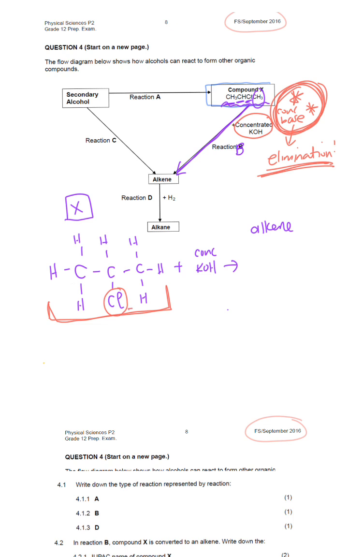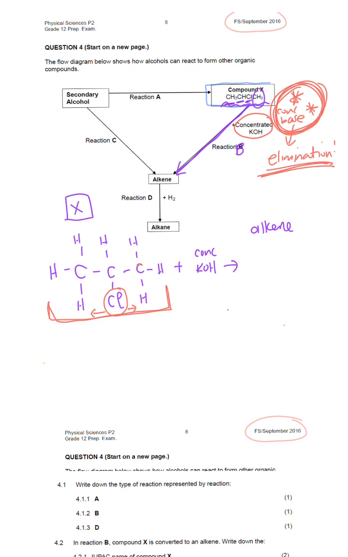So it could be a hydrogen from the right-hand side, or it could be a hydrogen from the left-hand side. And usually when a hydrogen is removed, it is removed from the carbon which has the least number of hydrogens attached to it.